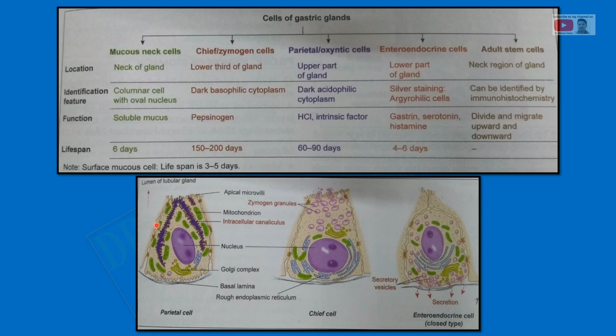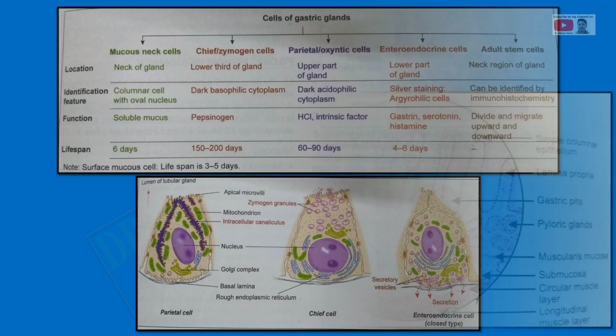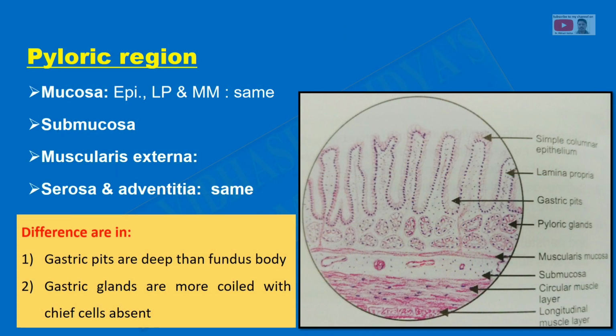Another picture you can see is the schematic picture of the parietal cells, chief cells, and endocrine cells, which is a very close type of picture. Now we are going to discuss the histology of the pyloric region of the stomach. The mucosa, submucosa, muscularis externa, and serosa or adventitia are the same as we have discussed in the cardiac part or body and fundic part of the stomach.